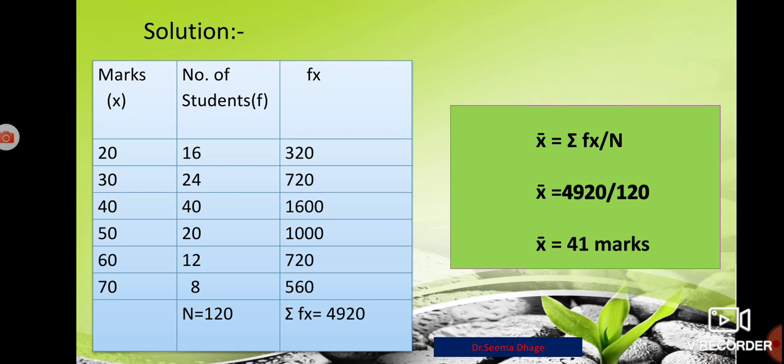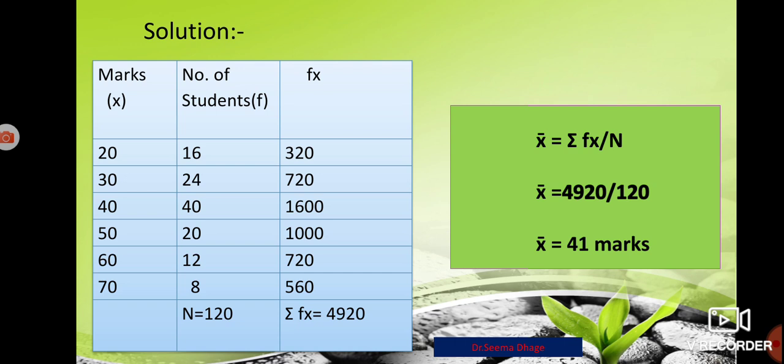And after that, we have to multiply the variable of each row with the respective frequency and denote these products by fx, and then enter the same in a column headed fx. So, first row 20 multiplied by 16, so 320, 30 multiplied by 24, that is 720, 40 multiplied by 40, that is 1600, 50 multiplied by 20, that is 1000, 60 multiplied by 12, 720, and last 70 multiplied by 8 is 560.